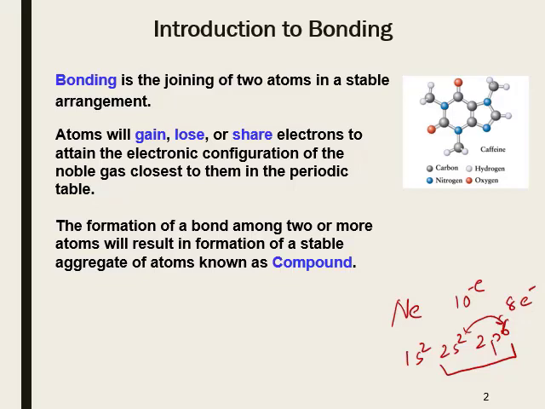When a chemical bond is formed between two or more atoms, a complex aggregate is formed, and that aggregate is known as a compound. This picture shows an example of a compound, caffeine, which is found in coffee or tea. Caffeine is made up of carbon, nitrogen, oxygen, and hydrogen atoms.